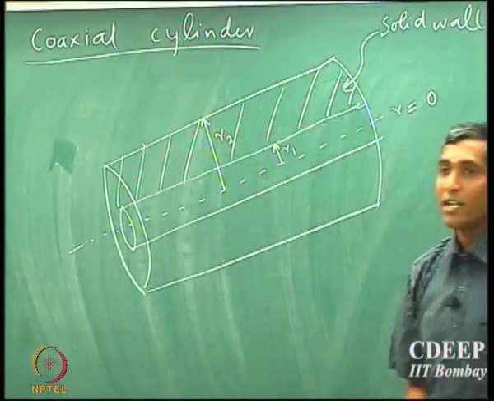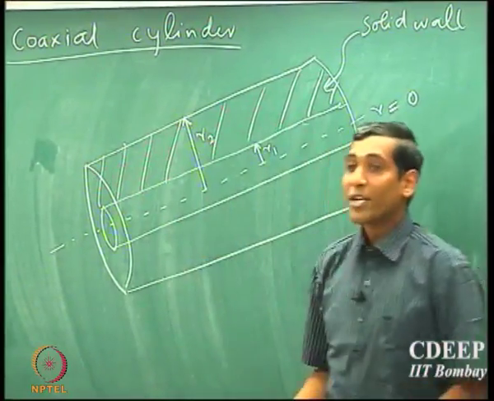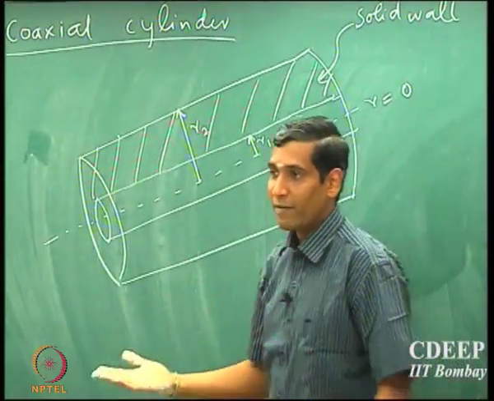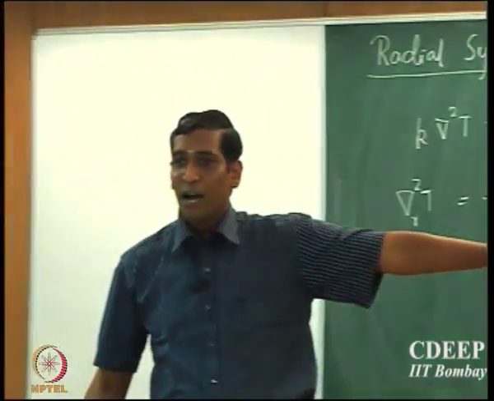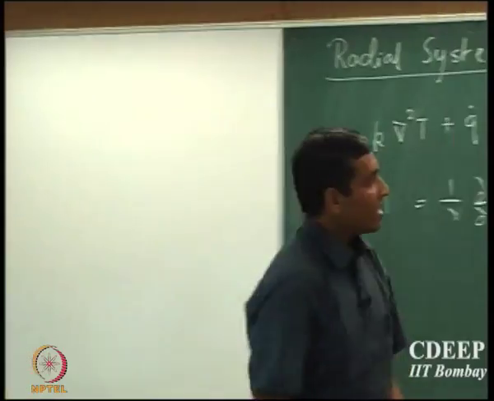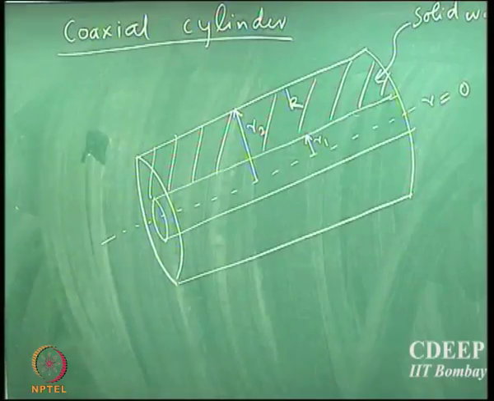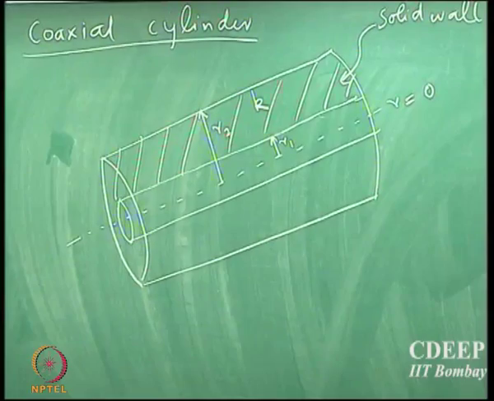So we are looking at heat transfer between the coaxial cylinders. It could even be filled with a liquid or other kinds of fluids, but let us consider that it is a solid wall for now, and let us assume that k is the thermal conductivity of the material of the solid wall.